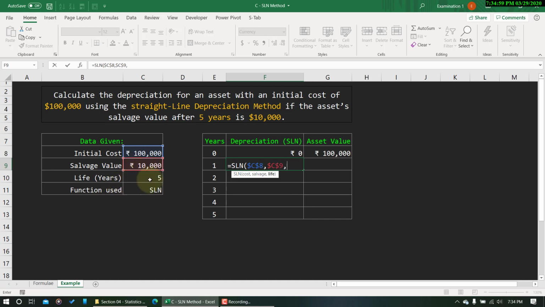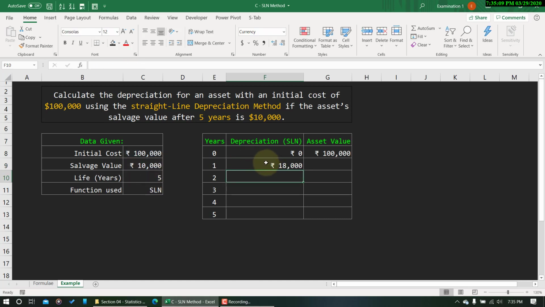The life is 5 years, and again I'm going to lock this cell, close the bracket, enter, and 18,000 is the depreciation amount for the very first year. And since I'm going to calculate it for 5 years, I'm going to drag this all the way down to this point.